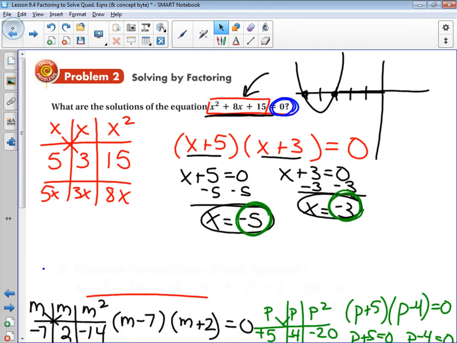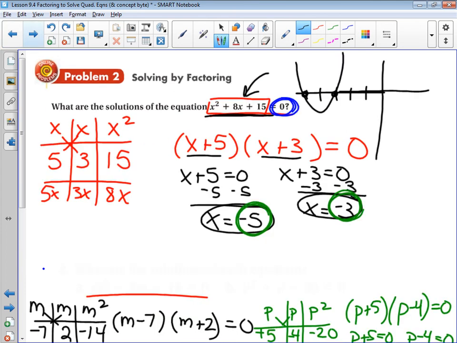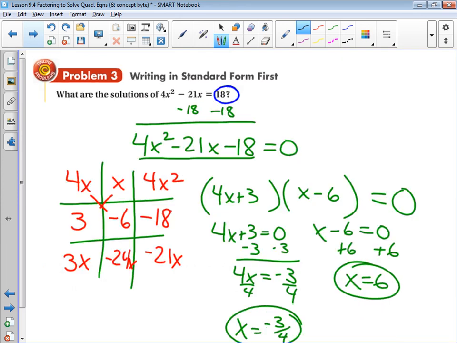So really quick review. When you're finding solutions to a quadratic equation and it's already in factored form like this one is, just set each binomial equal to 0 and solve the equation. If it's not in factored form, then your first step is to take the quadratic equation, factor it, get an answer with two binomials, set them equal to 0, and get the solutions.